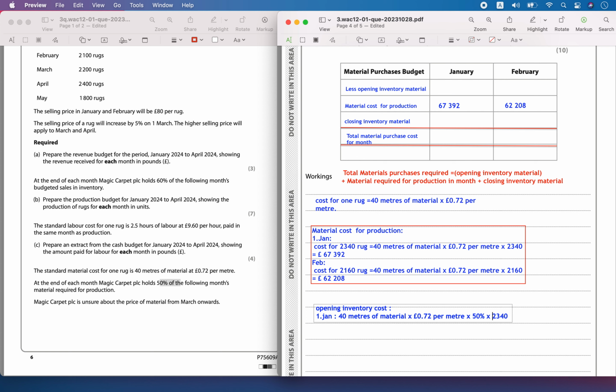So 50% of 2340 is 33696. So this value is going to be equal to 33696 pounds.